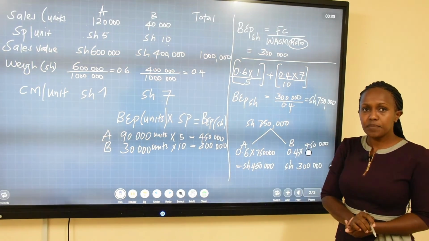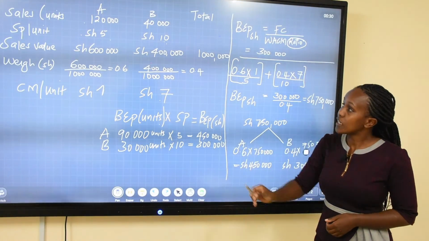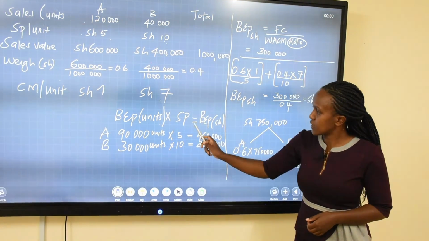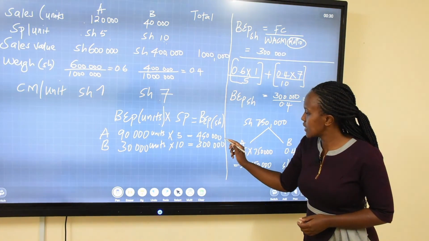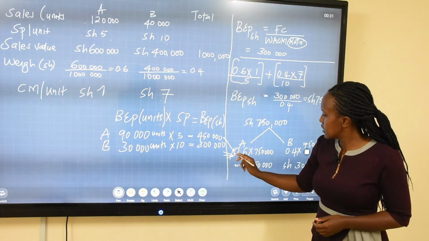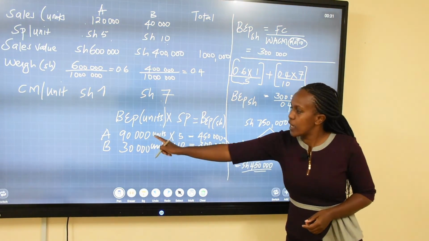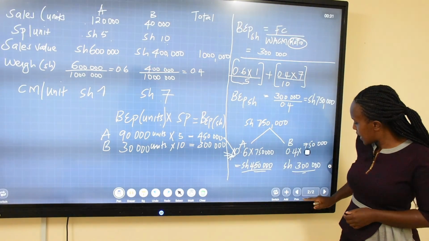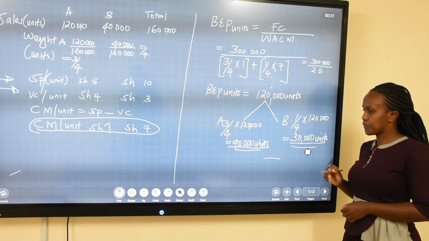So it is true to say, once you get the break-even point in units, you can simply multiply with the selling price and then you're going to get the BEP in shillings. These are the answers that we have here in shillings, and you can see that the BEP in units is what we had previously.